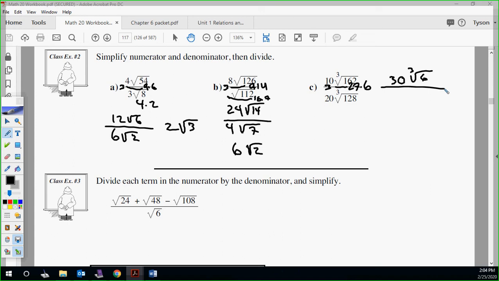Okay, and then we have 128 is 64 times 2. 64 is a perfect cube from 4. So that becomes 80 cube root 2.